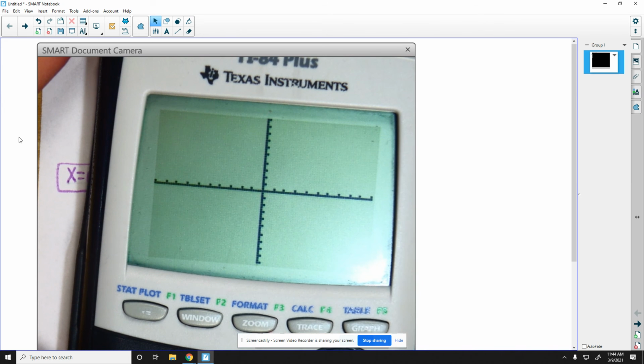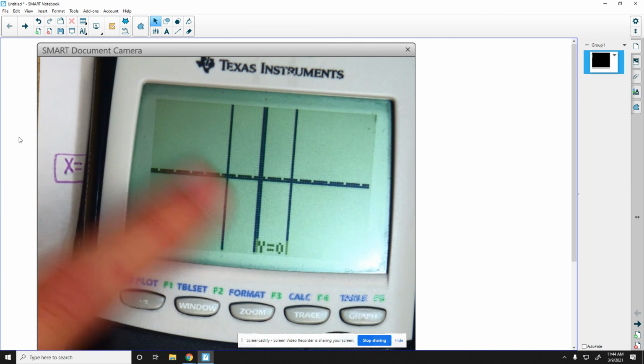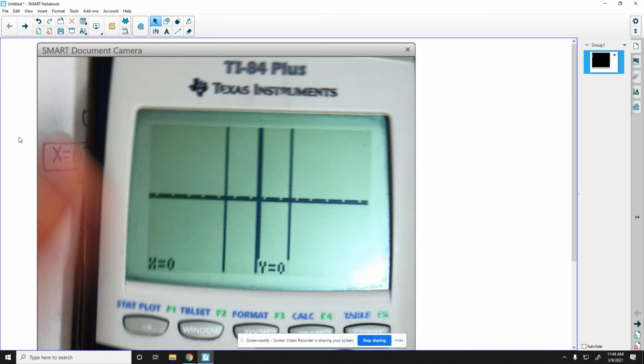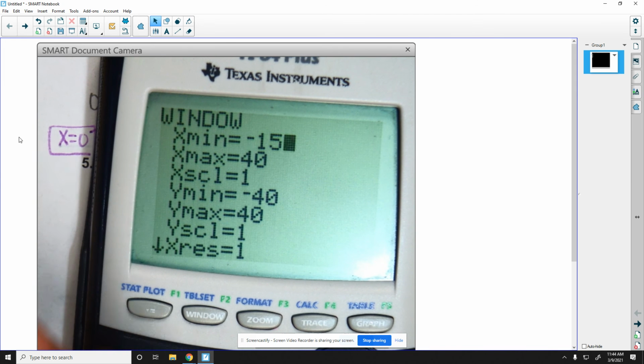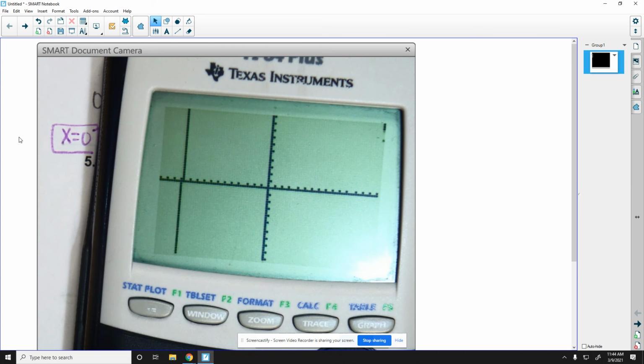And I don't see anything, so it's probably too zoomed in. So hit zoom out. And now it's too zoomed out because I don't even know where it is. So maybe if I got -12, +12, and 0, why don't I change my window to like -15, +15, like that. So if this is -15, then yeah, that's definitely -12. This is +12.